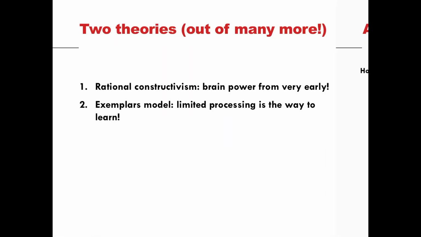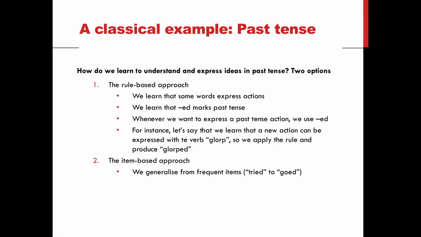Before we actually go to the two theories, I'm going to present a classical example. So the idea is how children become productive in both understanding and expressing ideas in past tense. And there are two options. The first one, I think, is probably easier to understand because it's based on rules.